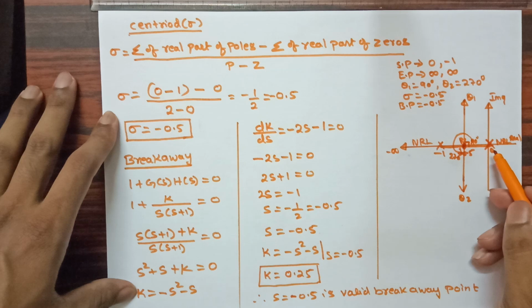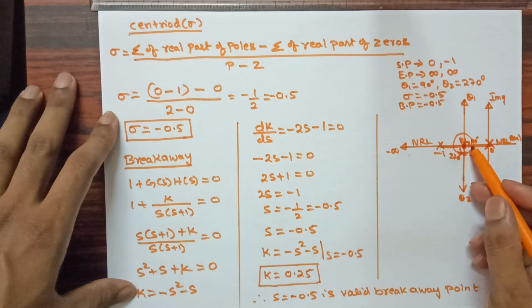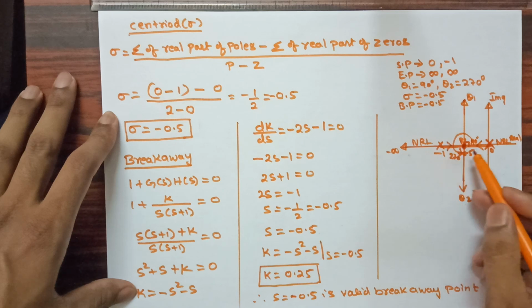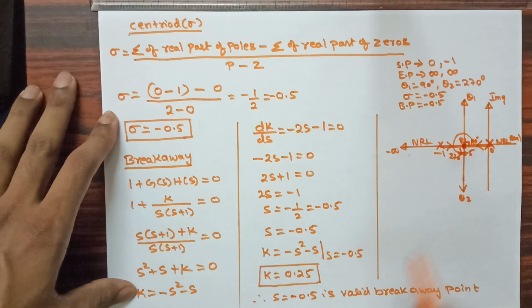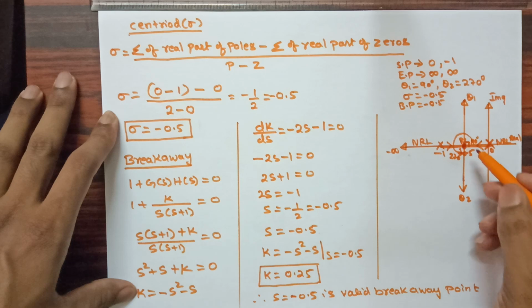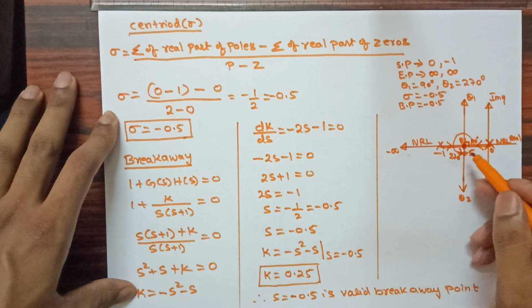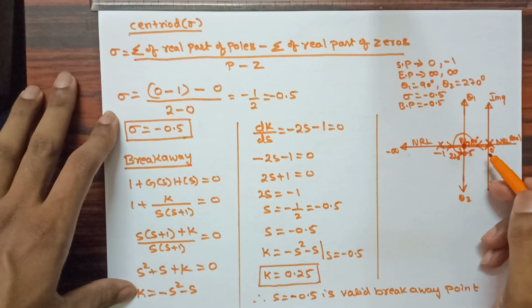Now we know that this pole will move in this direction, and this pole will move in this direction, and in this problem I am getting the valid breakaway point, S equal to -0.5. The centroid is also the same point as the breakaway point. Remember, in all problems you will not get the same; in this problem I am getting the same.